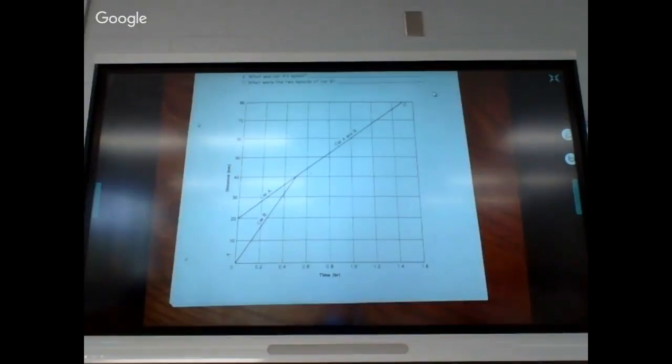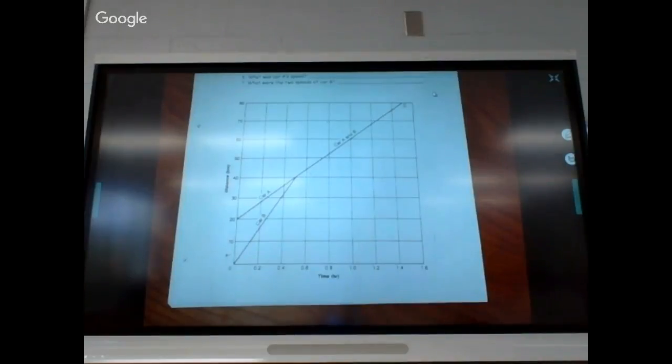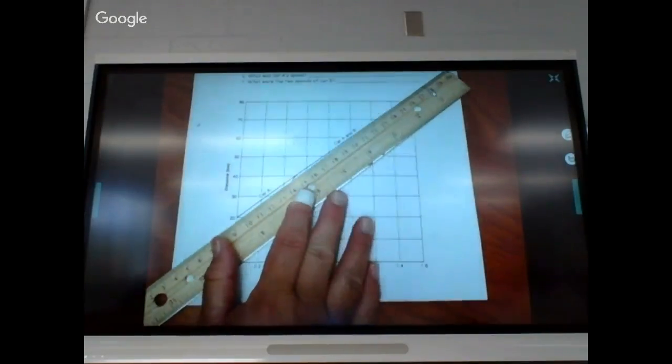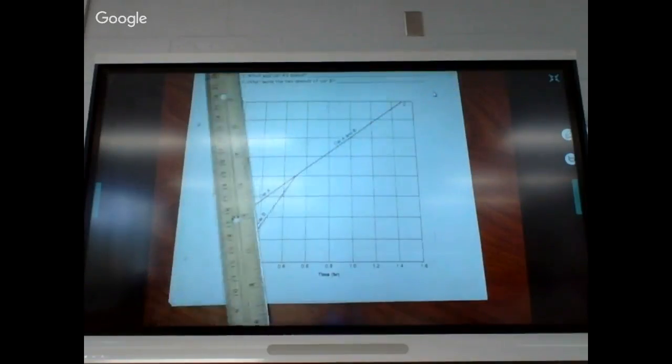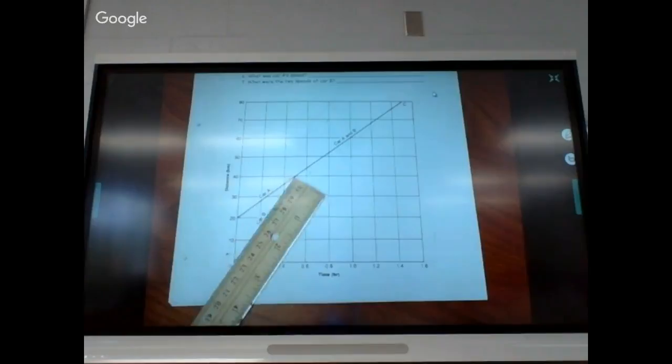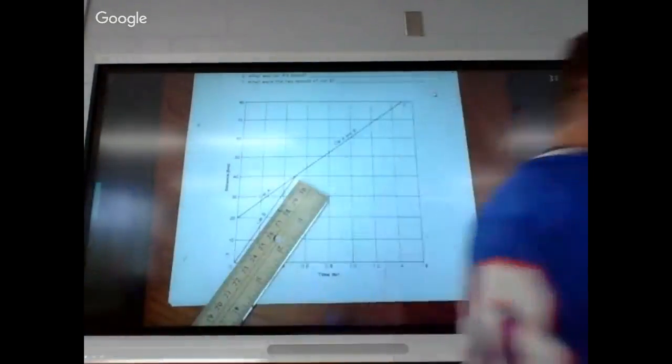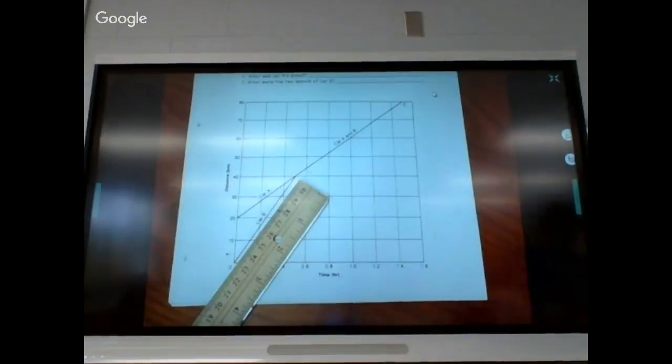So when you look here, how do you know which car is traveling at a straight line or a constant speed? Car A is going in a straight line. Now, if we look at car B, it is here, and then it turns a weird turn.